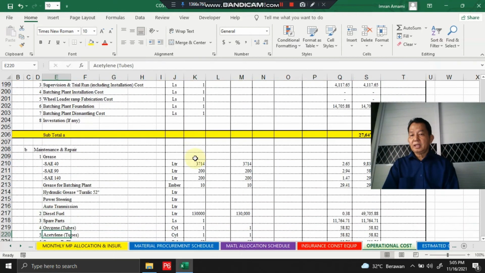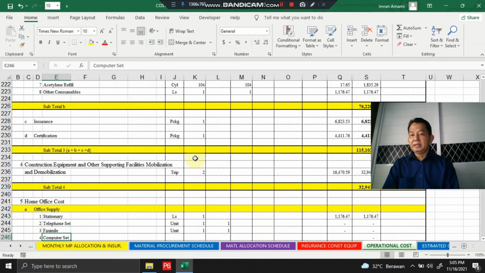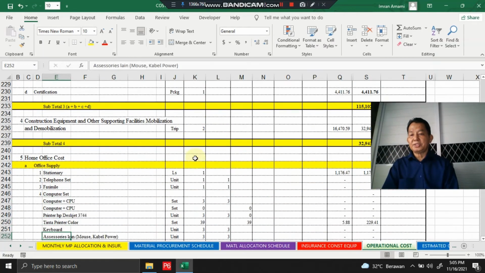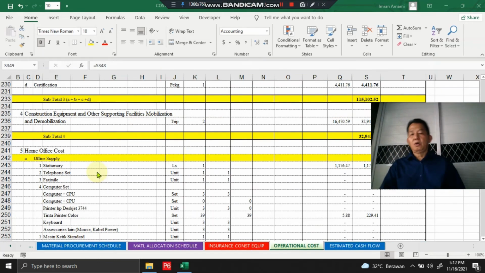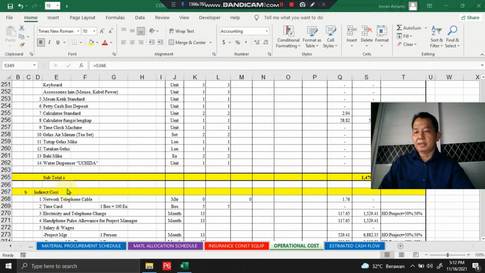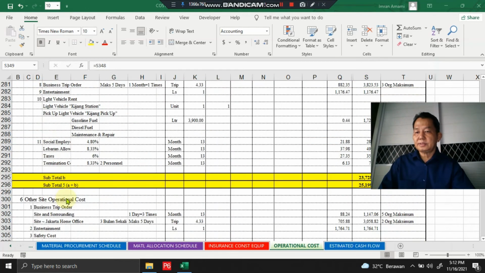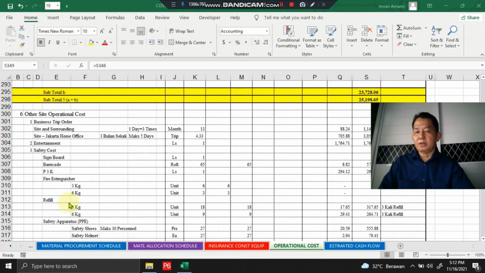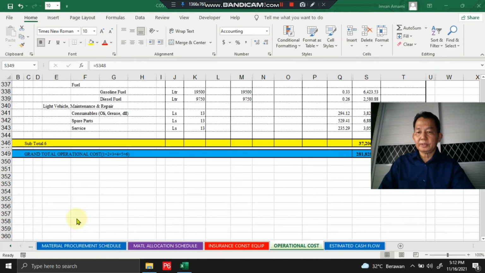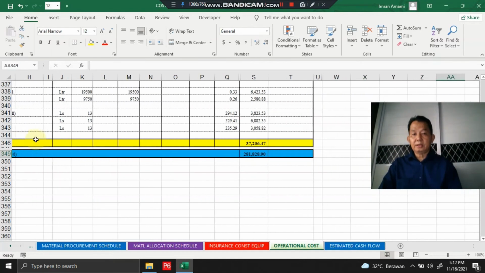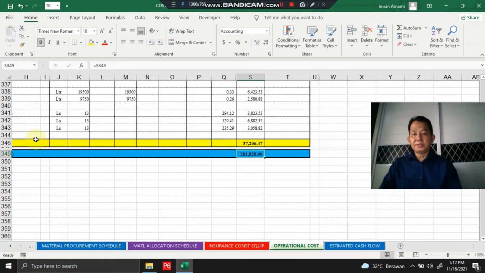Okay, and then construction equipment and other supporting facilities, mobilization and demobilization, and home office costs. Home office costs for office supply and indirect costs, and then other site operational costs. Okay, and here it is, the total for the operational costs. Yes.